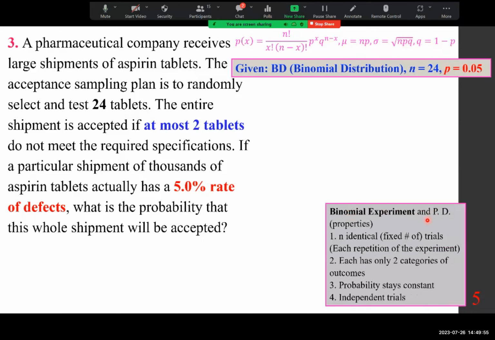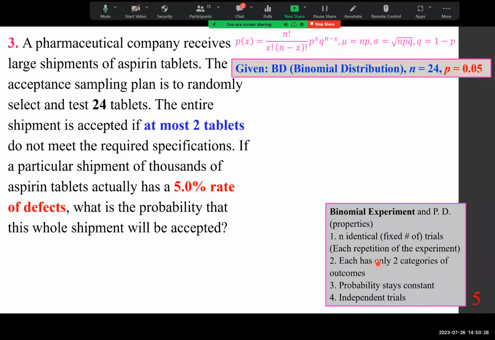Binomial experiment and probability distribution properties. PD stands for probability distribution. We have n identical trials. It's a fixed number. Each repetition of the experiment, there are n of those. Each has only 2 categories of outcome, like defective and non-defective, good, bad, things of that nature.